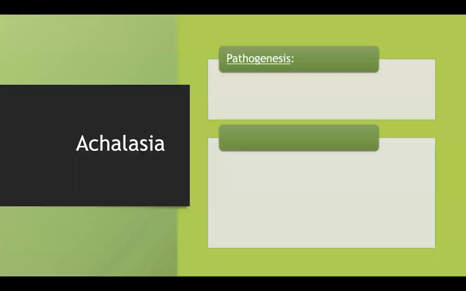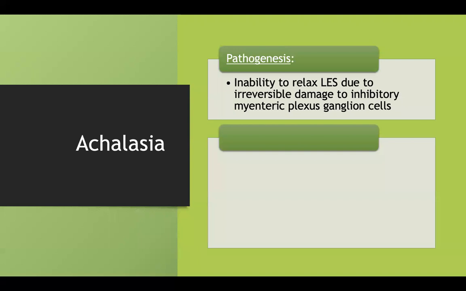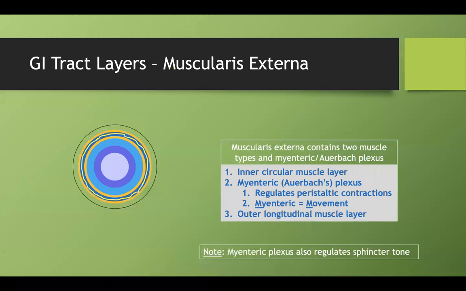So why does this happen? Well, our lower esophageal sphincter can't relax because of damage to our myenteric plexus ganglion cells. So now we have to talk about the myenteric plexus really quickly. This is from our GI tract intro lecture, when I referred to each of the layers and what they do.